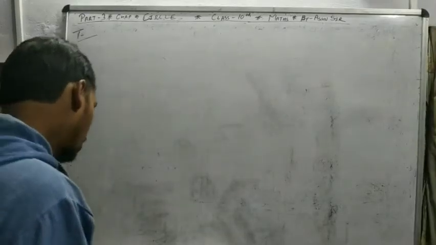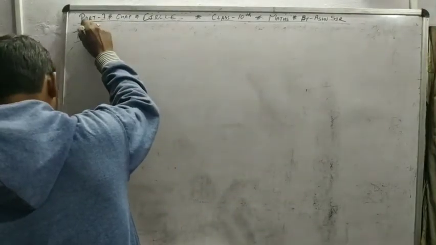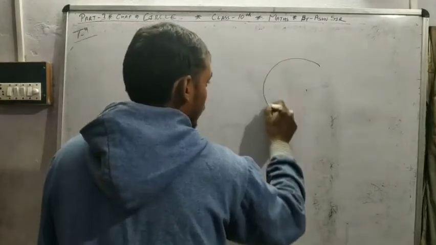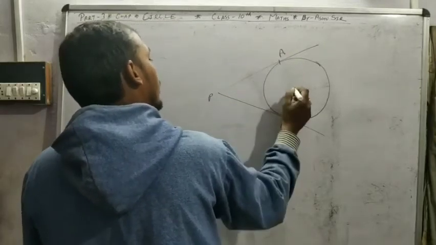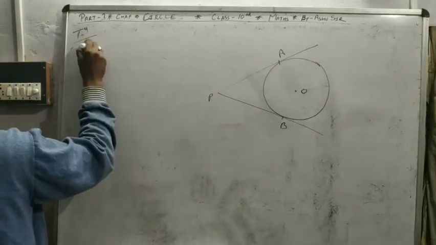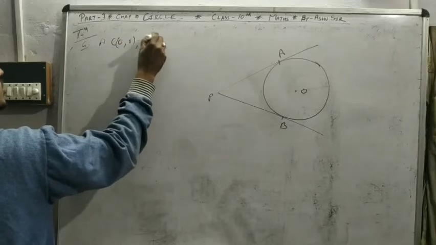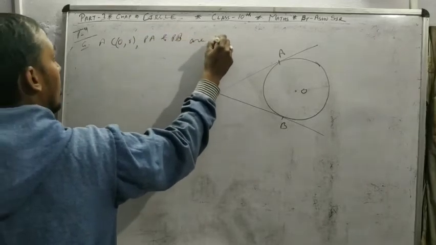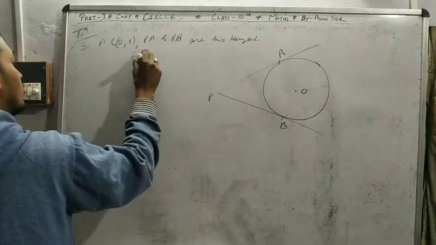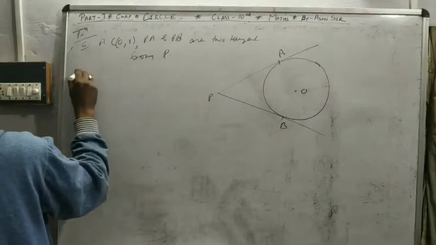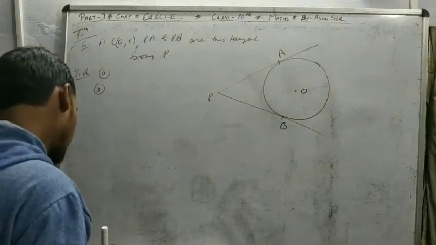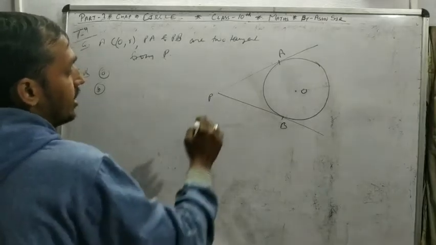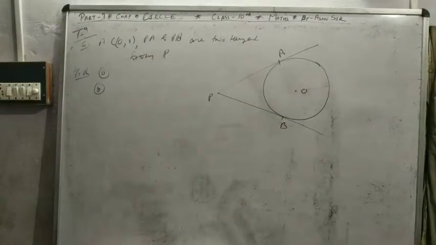Let's see this part. If two tangents are drawn from an external point, tangents PA and PB are drawn from external point P to a circle of center O and radius R. To prove that, there are two parts. The first part is that they subtend equal angles at the center, meaning PA and PB subtend equal angles at the center.